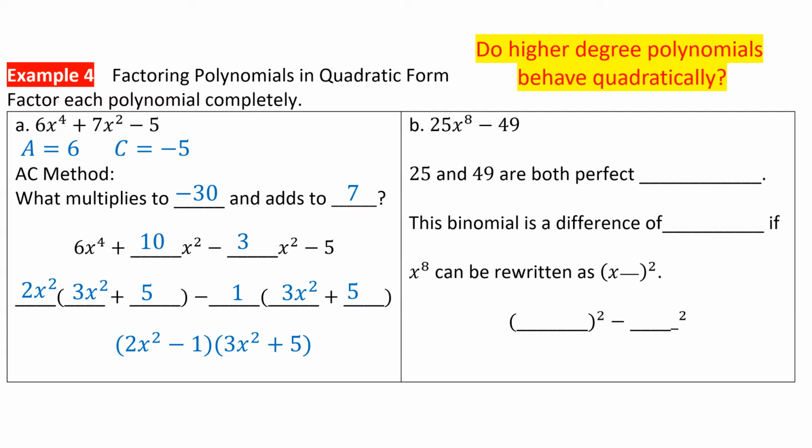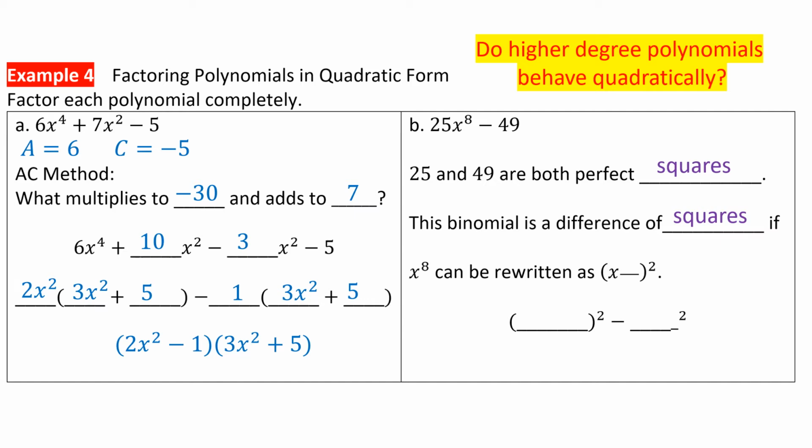In example B, we have 25x to the 8th, and we have -49. And when I look at those, what jumps off the page to me is that 25 and 49 are both perfect squares. Could we factor this? Could we get this binomial to be a difference of squares? Well, it is if we have that x term to be a square.